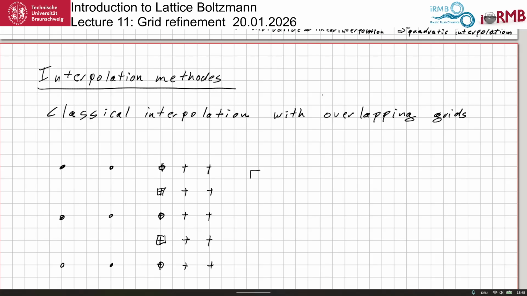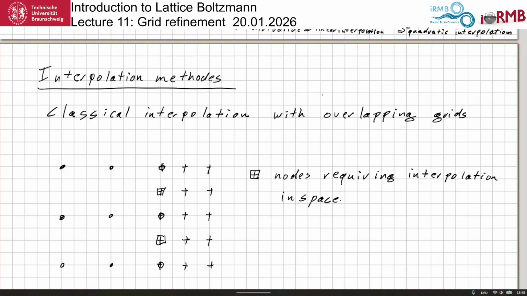But you'll have these nodes requiring interpolation in space.